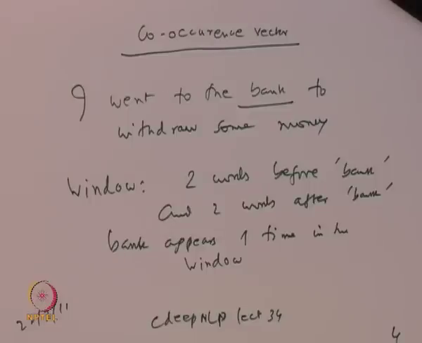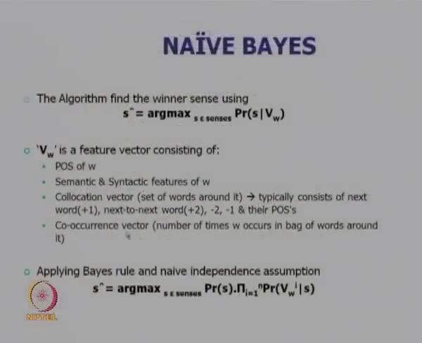So, when we look at the slide once again, we have now understood what we are working with: part of speech of W, semantic and syntactic features of W, collocation vector and the co-occurrence vector. Now, we apply a very well known technique, namely the Bayes theorem, the Bayes rule and the naive independence assumption.